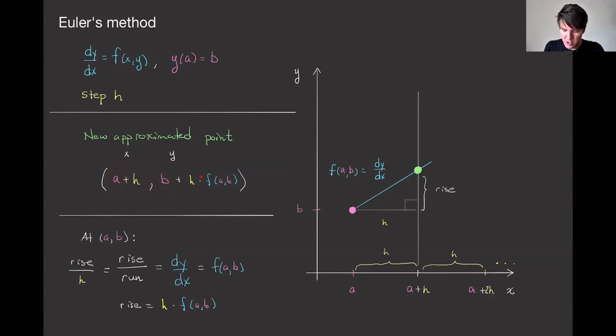And we used h along with the slope to get the new y value. In both cases, we take the current value, and then we use h, along with h times the slope, to move over a certain amount and then rise up a certain amount and get to our new point.